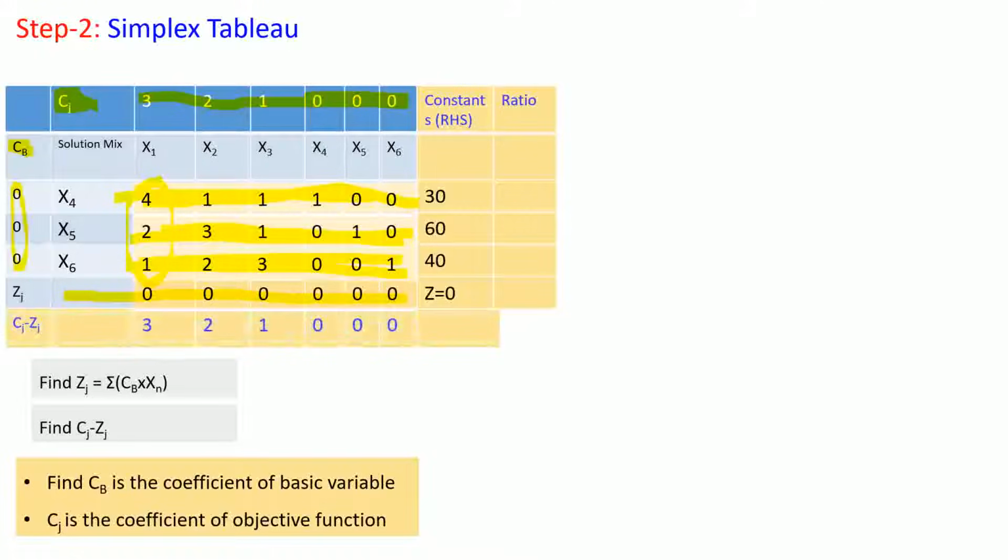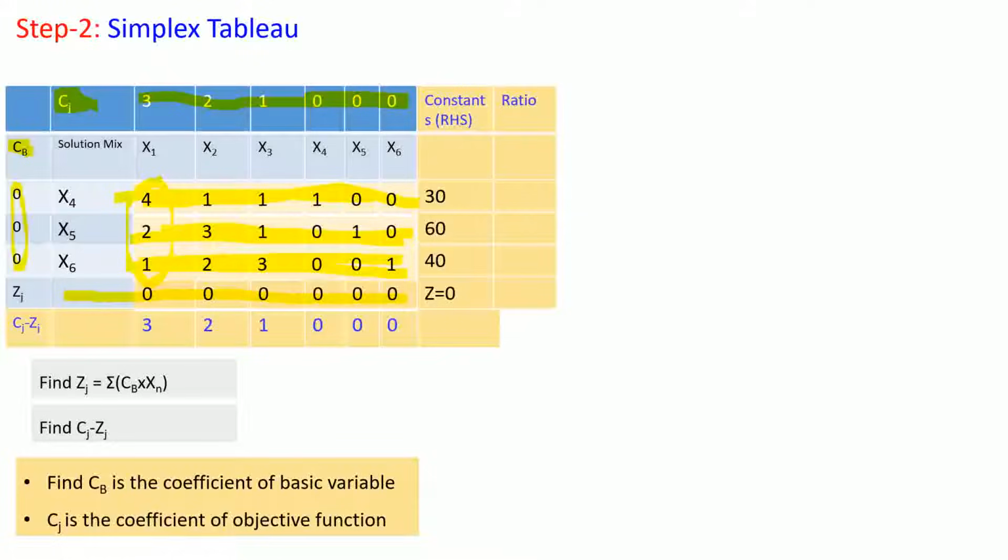After finding the CJ minus ZJ values, we have to see whether it is optimal or not. If all the CJ minus ZJ values are less than or equal to 0, then this table is the last table, the optimal table, from which we can find the optimal solution.